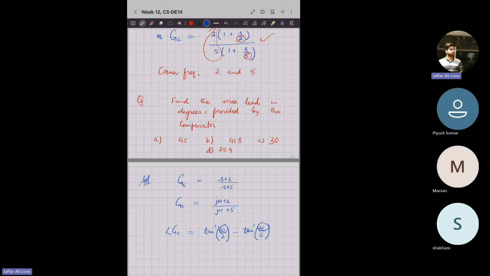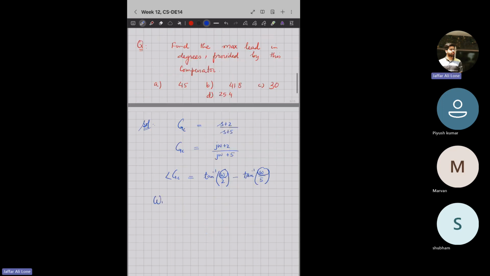That frequency omega m for which the lead is maximum is given by the geometric mean of the corner frequencies. So what is omega m then? My corner frequencies are 2 and 5. It's 2 into 5 is equal to 10, so omega m is root 10.